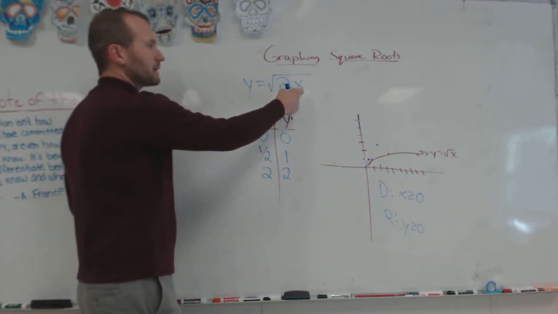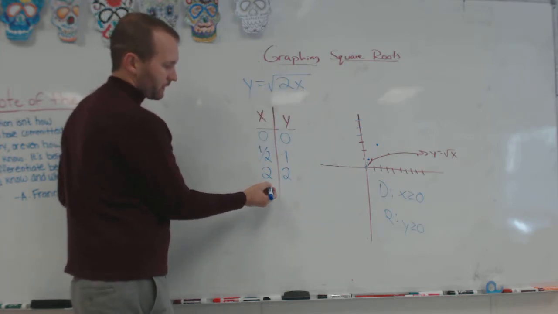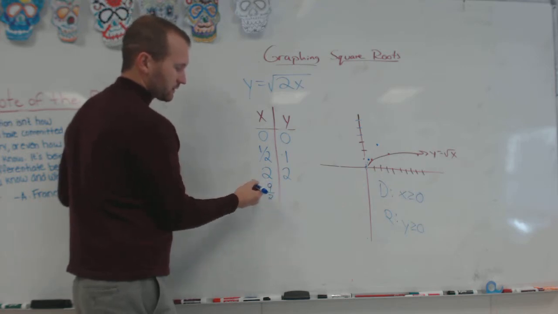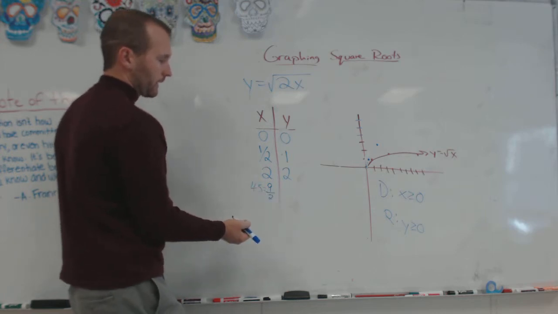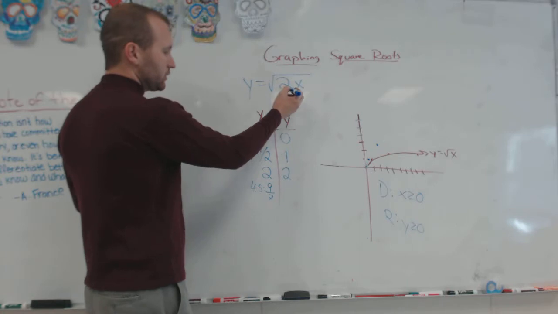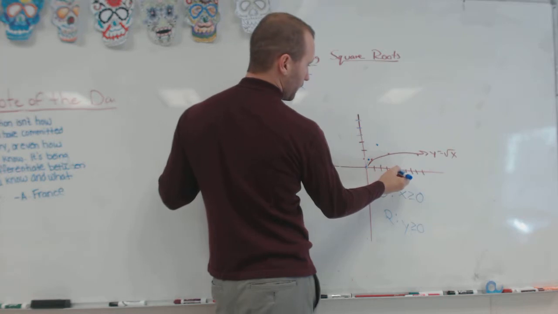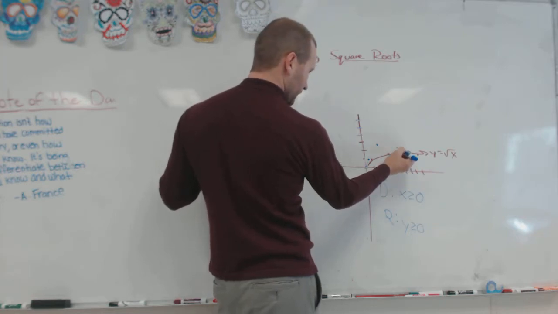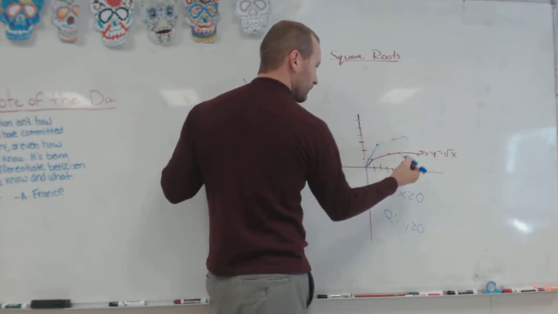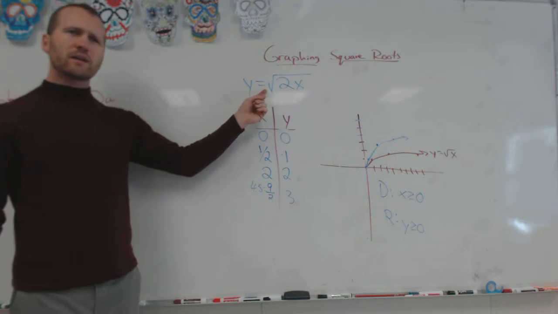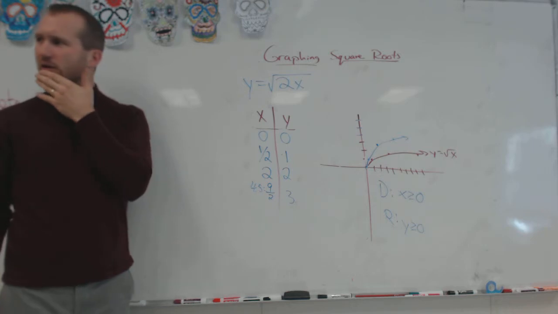So I want this whole thing to be equal to 9. What does x have to be? Yeah, 9/2, which is 4.5. So then 2 times 4.5 is 9, square root of 9 is 3. So I have 1, 2, 3, 4 and a half going up to 3. This made it bigger, just like when I had 2 out front. How come it did that? Why did it do that?